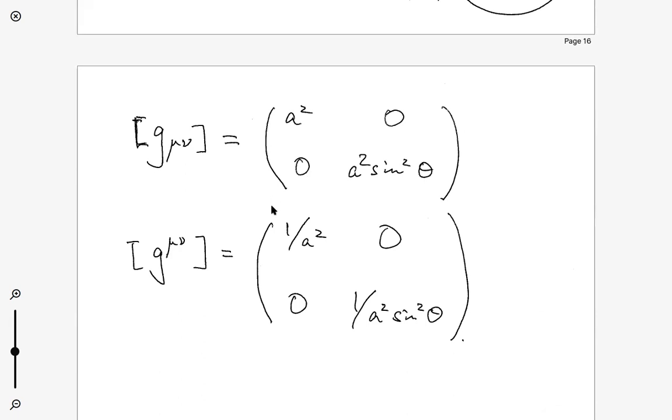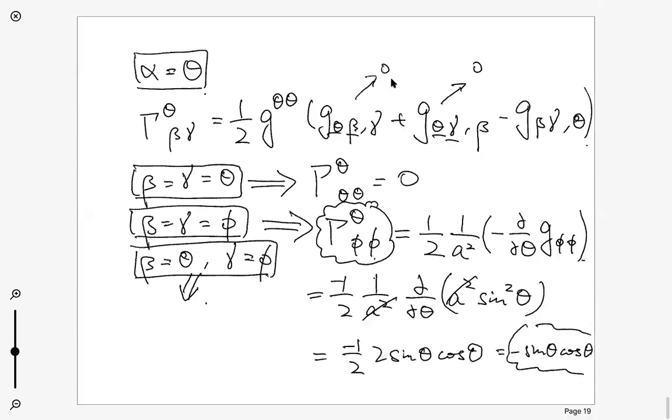So whenever we take derivative with respect to phi, we will get 0. So this thing is 0. The second one, g theta phi, right? Gamma is phi here. 0, right? Because off diagonal. And the last term is also 0, right? Because we have g beta gamma, which means g theta phi. Again, off diagonal. 0. So this is nothing but 0.